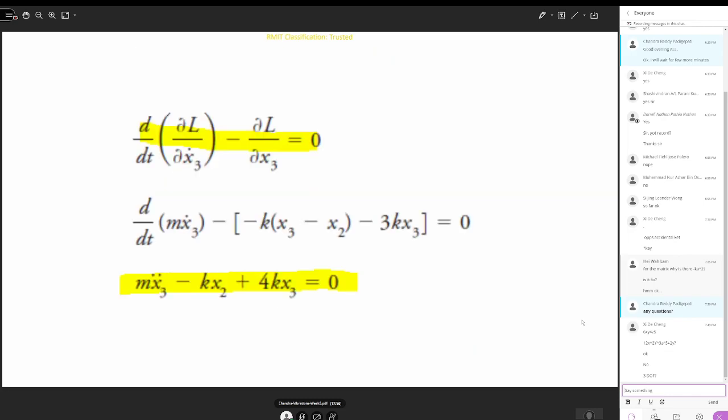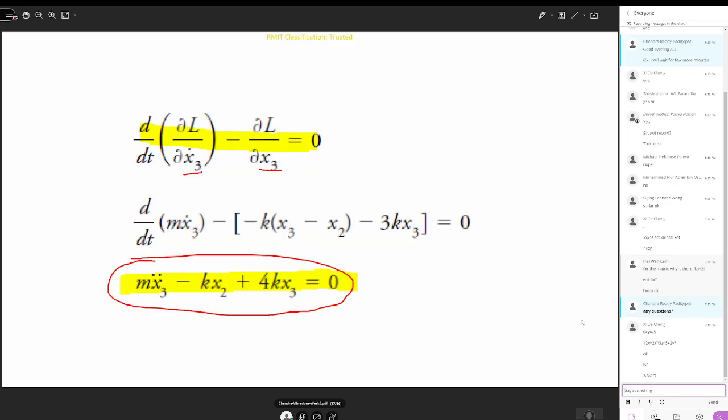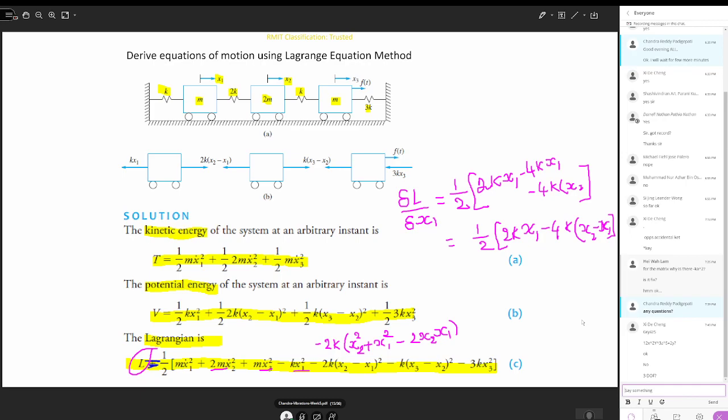Similarly, if you take the derivative with respect to x3 and x3 dot, the velocity x3, then you will get the third equation of motion. So this is how you can apply Lagrange's method to get equations of motion for multi-degree freedom systems without applying Newton's law.